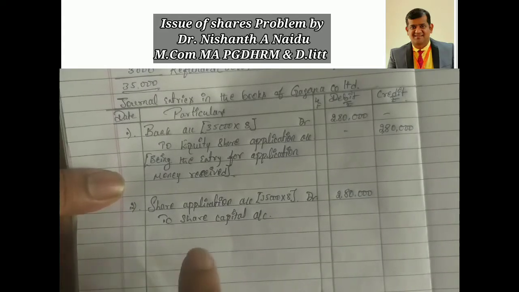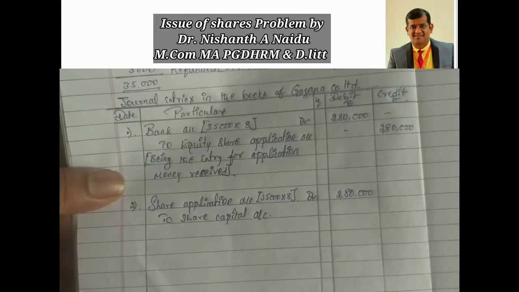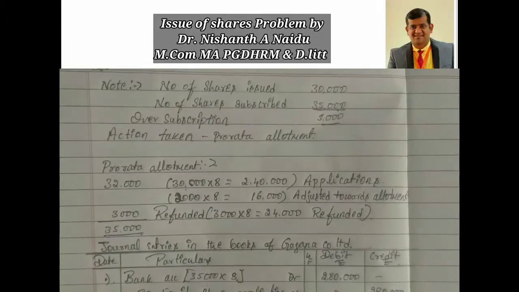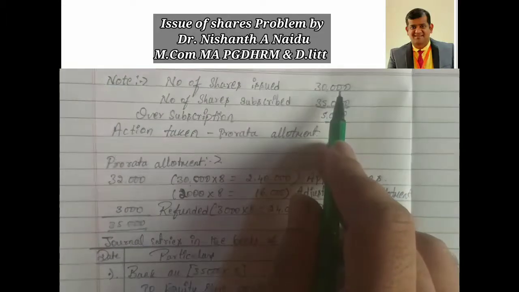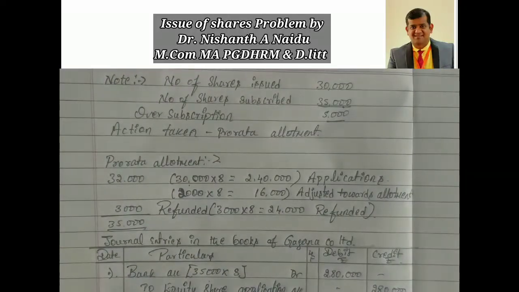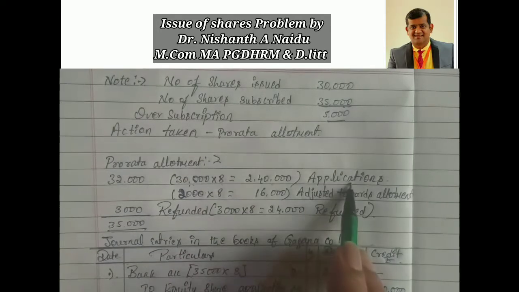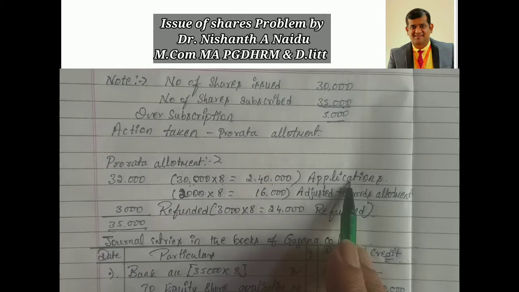Now to share capital. How much am I crediting? Actually, what has the company offered to the public? The company has offered 30,000 shares to the public. So 30,000 into 8, that is 2,40,000, we have to take as application money.